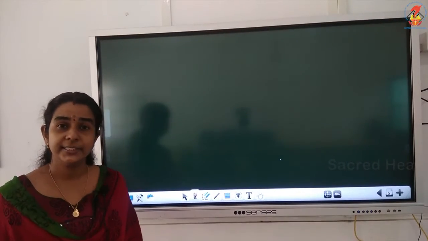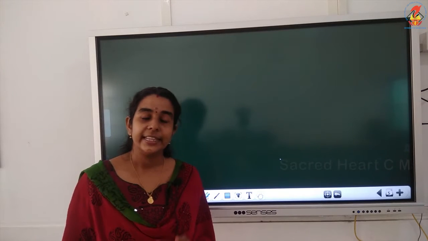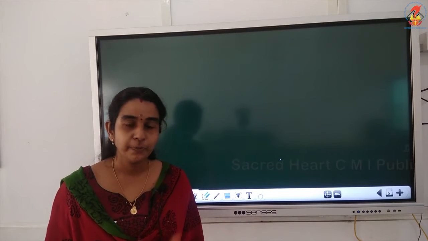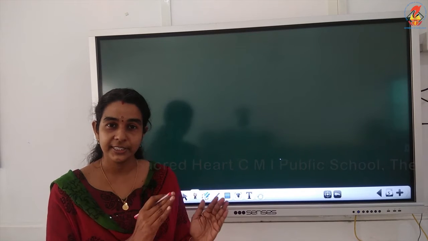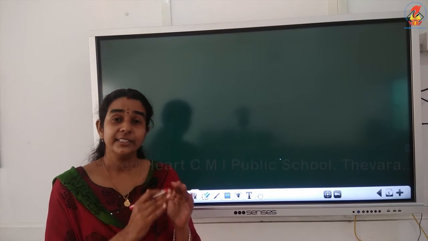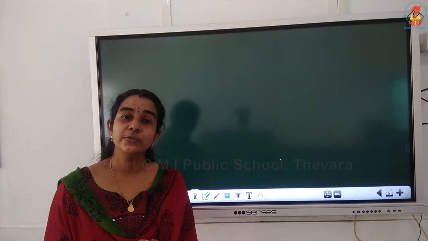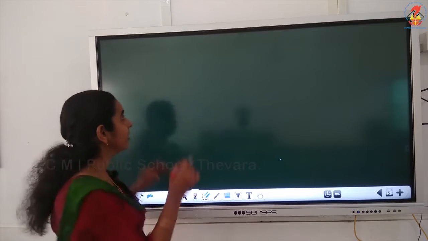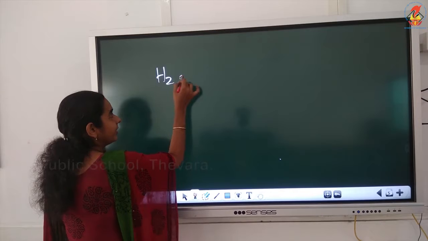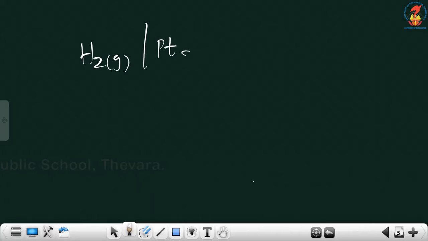Take the very simple example of hydrogen gas that is adsorbing on the surface of platinum. Hydrogen gas on platinum, whenever we hear this, that is a very common reagent that we use for the reduction of organic compounds. So let us take the example of hydrogen gas on platinum surface.